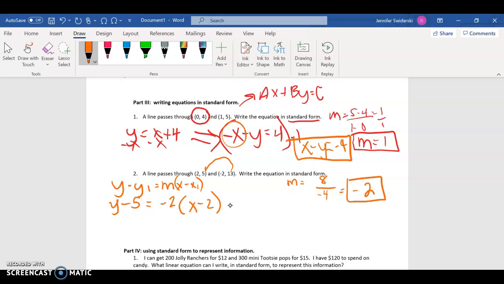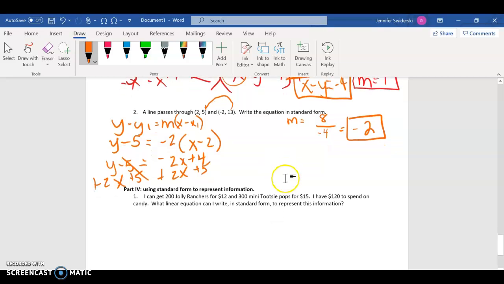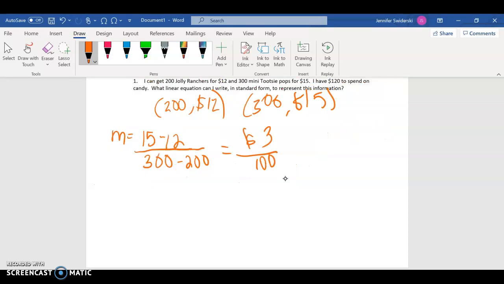Now I can say, okay, distribute, negative 2x plus 4, and I can bring over the y minus 5. Well, now I need to add 2x to both sides to get x on the left-hand side of my equation, and I'm going to add 5 to both sides to move that over to be my c value. So now I should have 2x plus y equals 9.